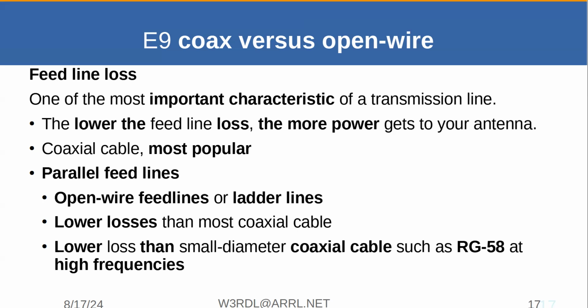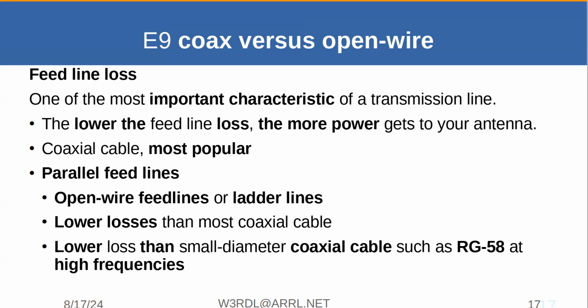It has much lower loss than coaxial cable. It's more difficult to use, and it's harder because it can flop around in the wind more. Whereas coax, you don't necessarily care if it's next to a ground because of the Faraday shield effect. So it doesn't affect what's on the inside of the coax, just the outside.